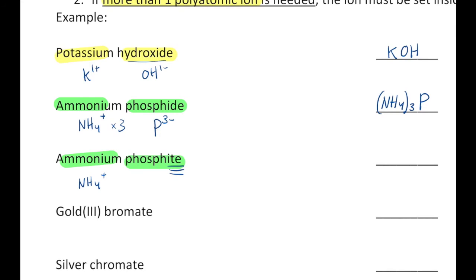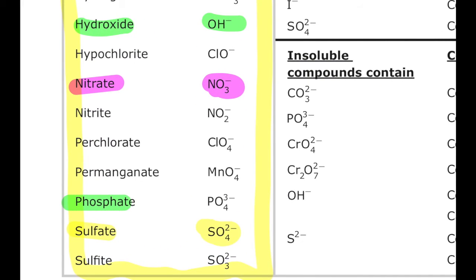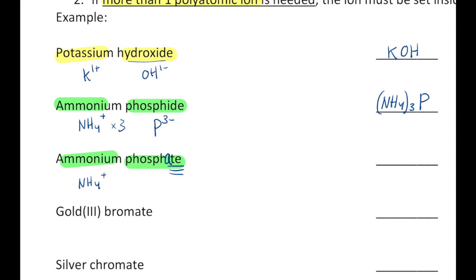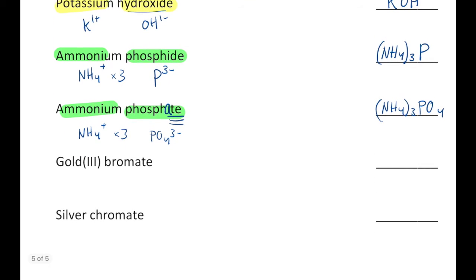So phosphate, you see it right there under the P's. That's going to be PO4 3 minus, and we can keep track of that and write it out in our name here. So PO4 3 minus is our polyatomic ion, and again, you need 3 of those plus charges to cancel out a 3 minus charge. So you're going to have 3 NH4s in your formula there.